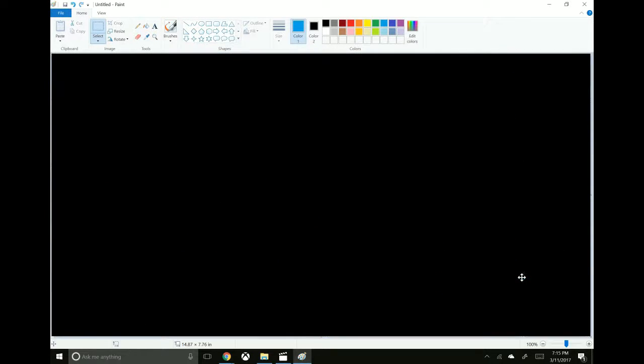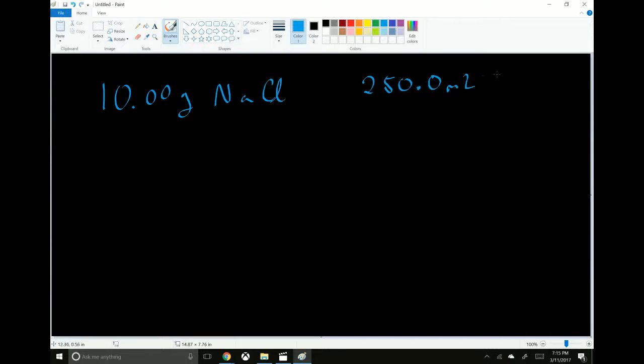So let us look at a few examples. Let's say you throw 10 grams of sodium chloride into a 250 milliliter solution. What is the concentration? This is something you should get used to.